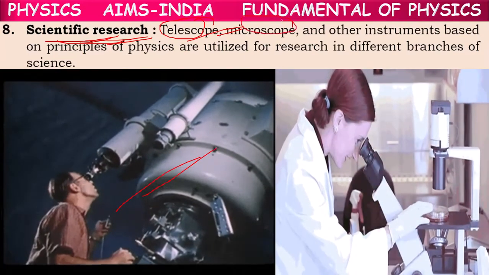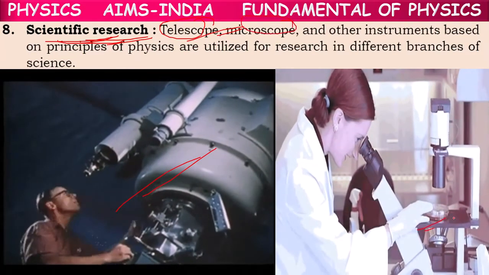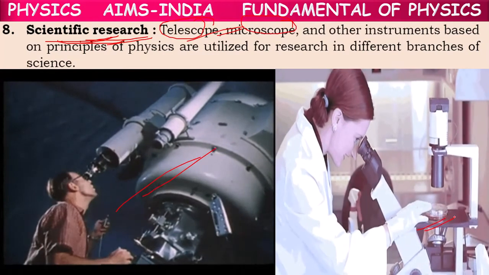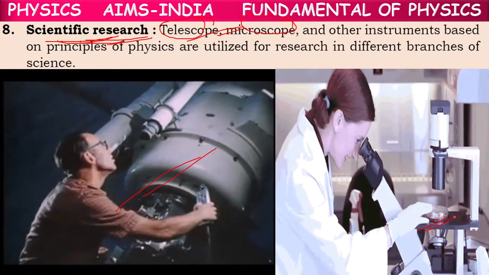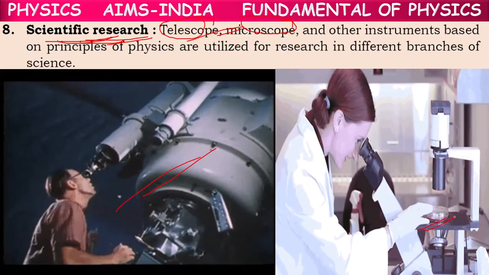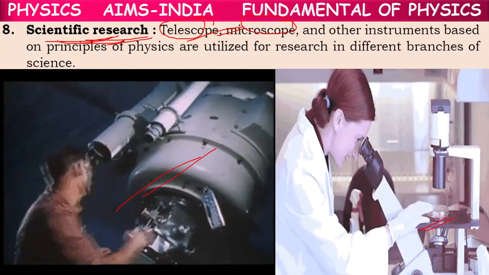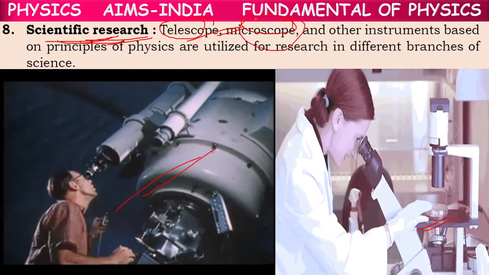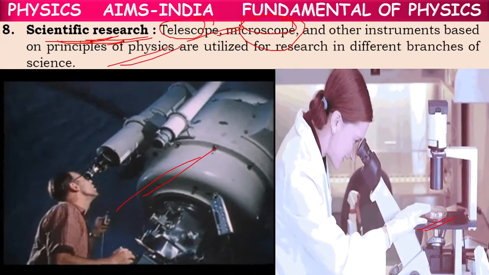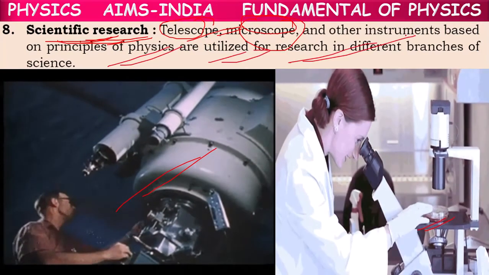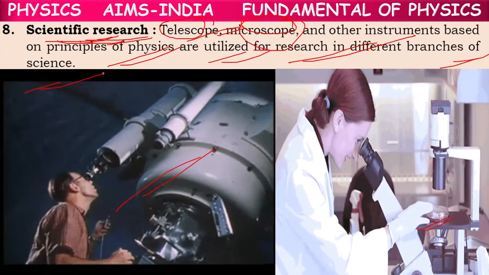Or with the help of microscope, we can observe viruses, bacteria, or even parts of plants, what is there inside the flower, what is there inside the fruit. All we can find with the help of microscope. These are all developed with the principles of physics, and they are utilized for research in different branches of science.